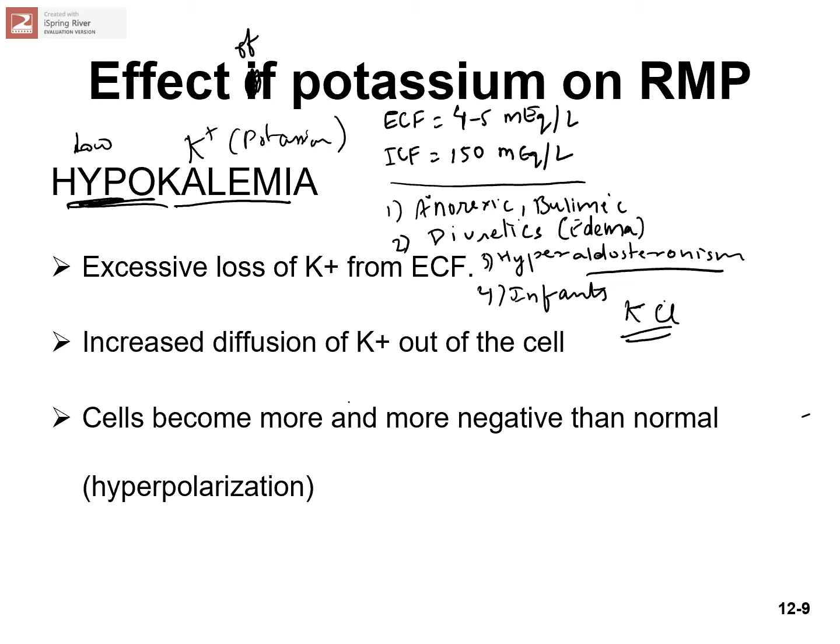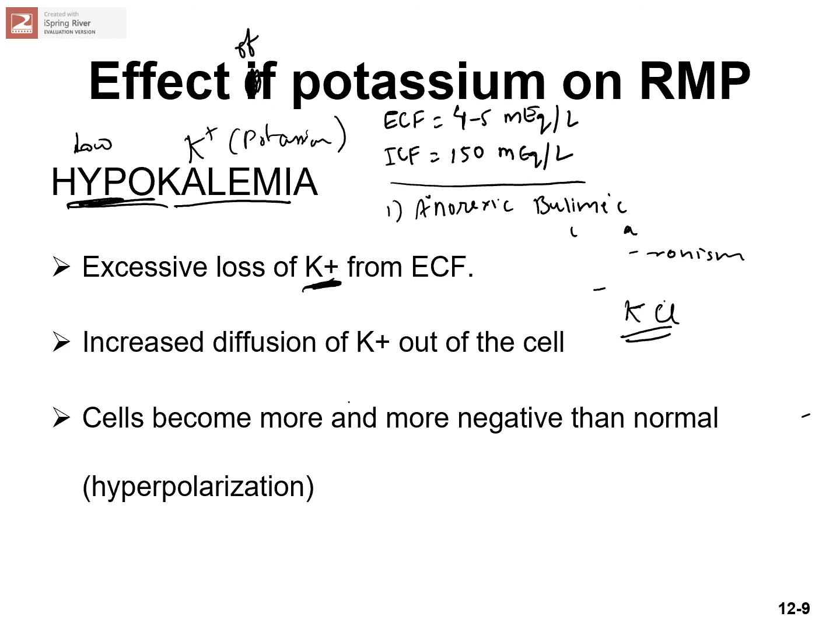So what happens in hypokalemia? In hypokalemia, there's an excessive loss of potassium from the extracellular fluid. This leads to diffusion of more potassium ions out of the cell, because keep in mind, potassium always tries to move down the concentration gradient through leaky channels.